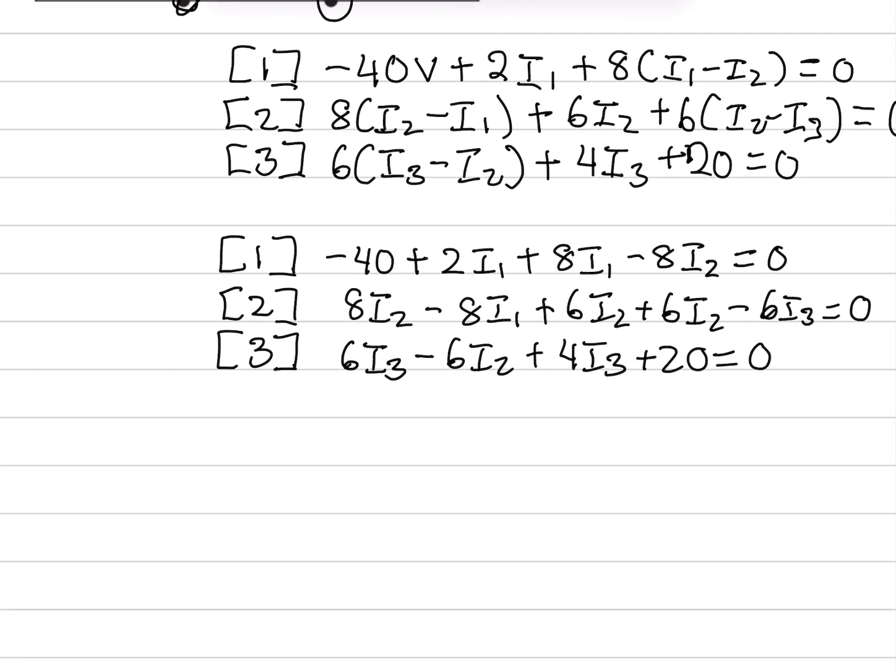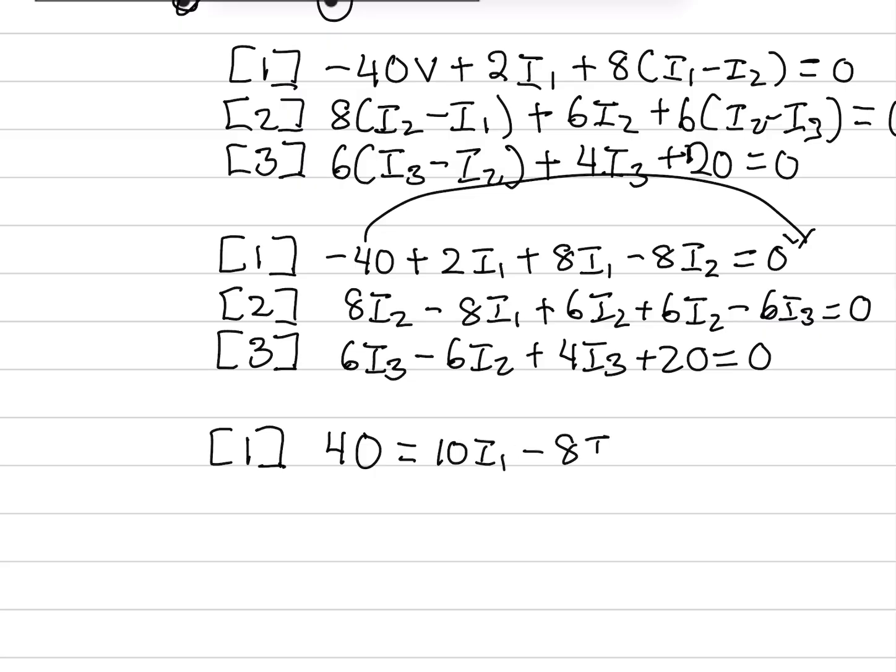If we further simplify, we add the like terms and bring the constant to the other side. If you see sign changes, that means I brought it to the other side. The first equation is 40 equals 10I1 minus 8I2.